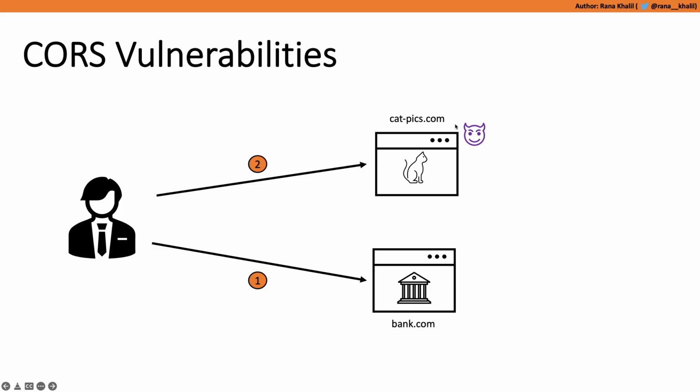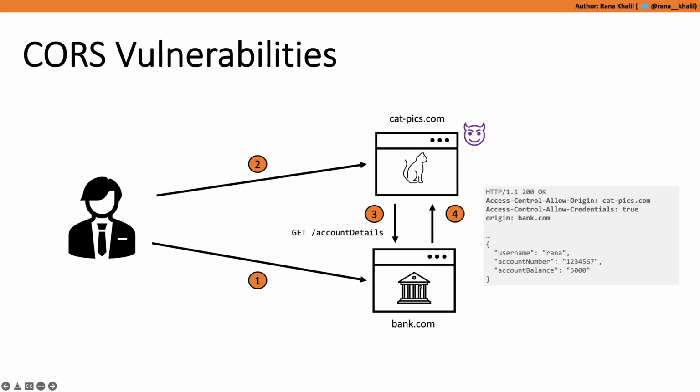So what the site does in the background while the user is looking at cat images is it requests the resources of the banking website. And since the banking website has CORS rules that are misconfigured in a way that introduce security risks, the banking website is going to allow the malicious website to access its resources. In this case, it requested the account details of the user.